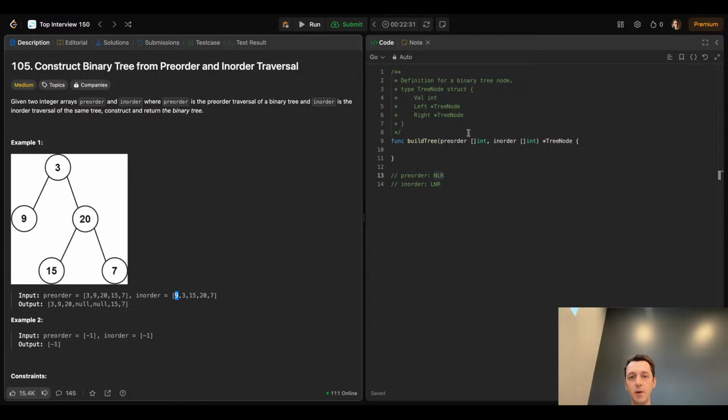This starts at node and goes counterclockwise. The first one starts at root, and the second one starts at the left child and goes clockwise, from left to right.